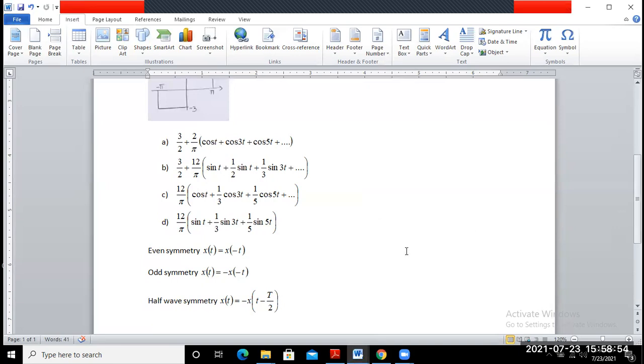And if odd symmetry is followed, then odd terms are present in the trigonometric Fourier series, that is bn, sorry, sine terms.